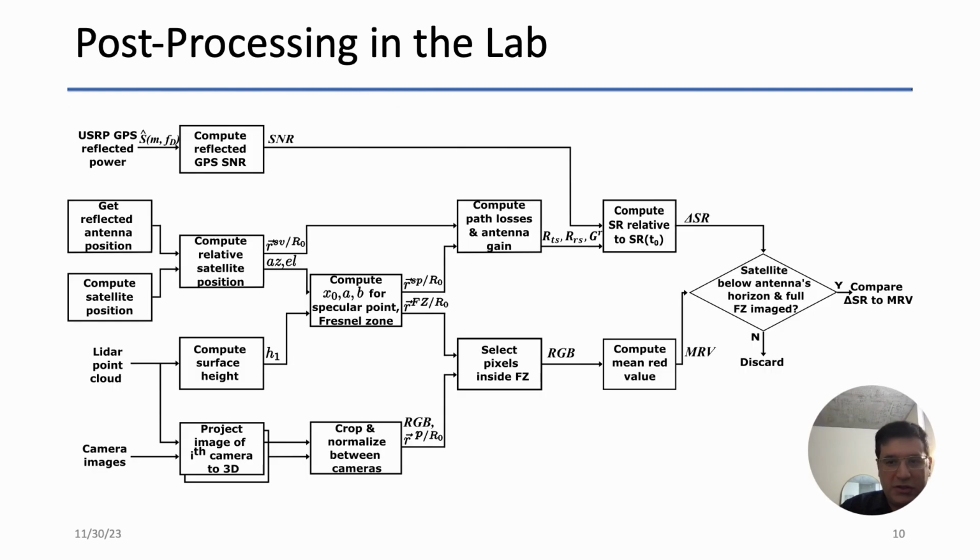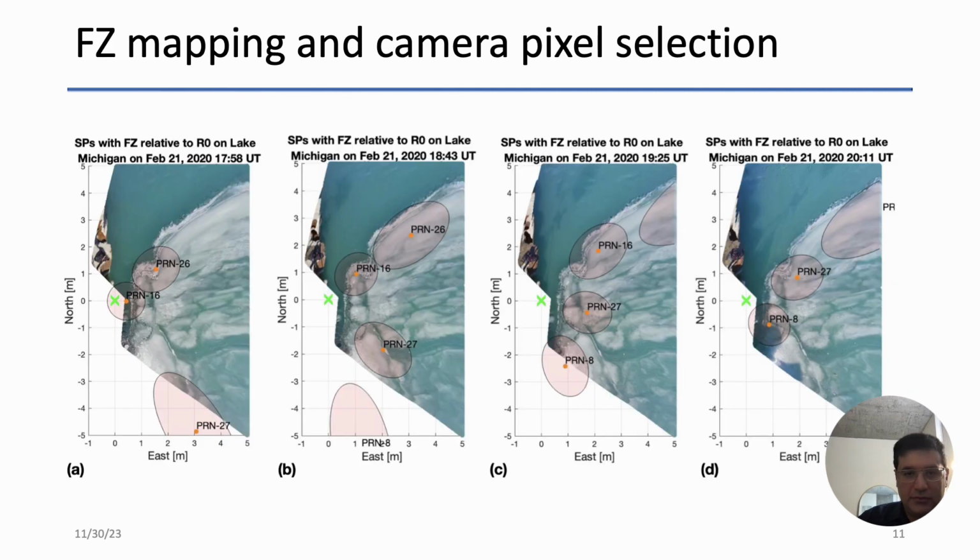The post-processing workflow for computing and comparing the GPS SR with the optical mean red value is shown here. For more detail, please visit our paper. You can find it in section 3.2, where we describe our post-processing in detail.